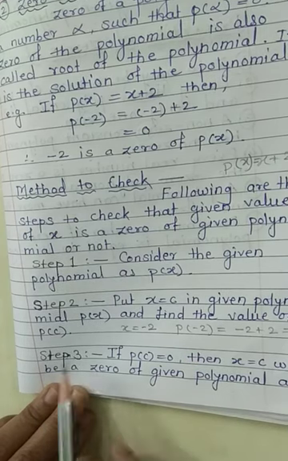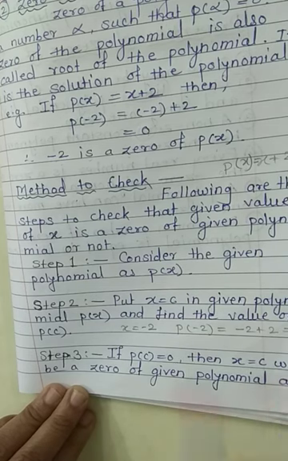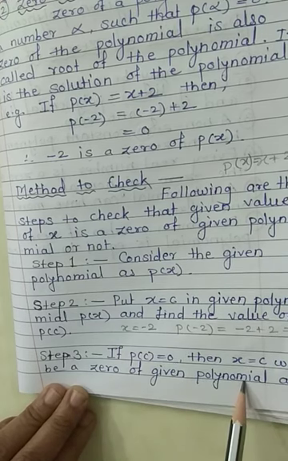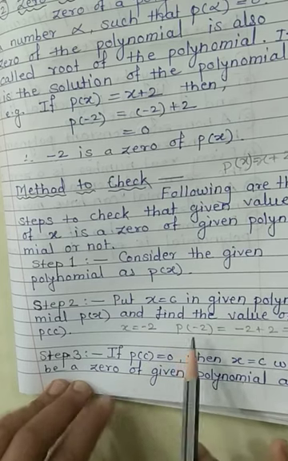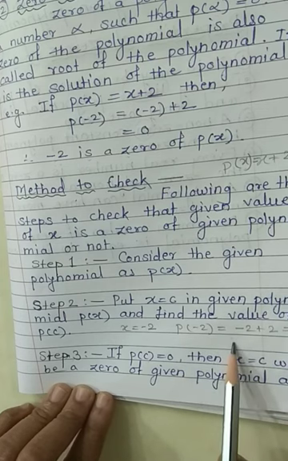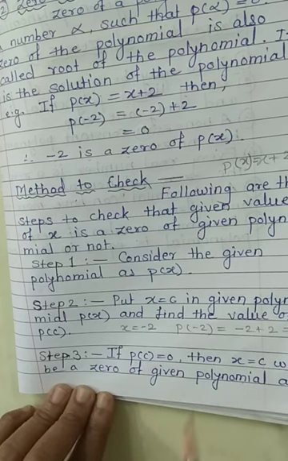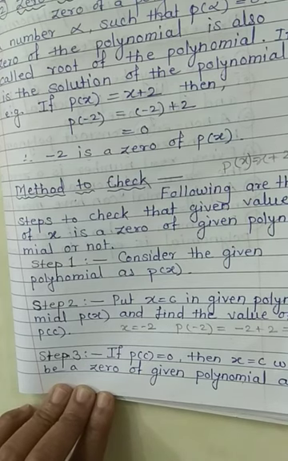Now step 3 is, if P of c is equal to 0, then x is equal to c will be a 0 of the given polynomial. Here we got P of c is equal to 0. That means P of minus 2 is 0, and therefore x is equal to minus 2 is the 0 of the given polynomial, or root, or solution of the given polynomial.